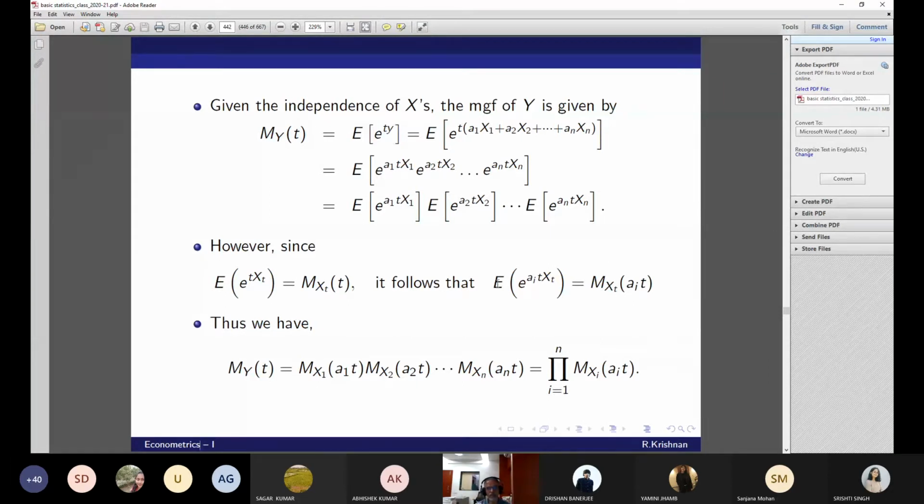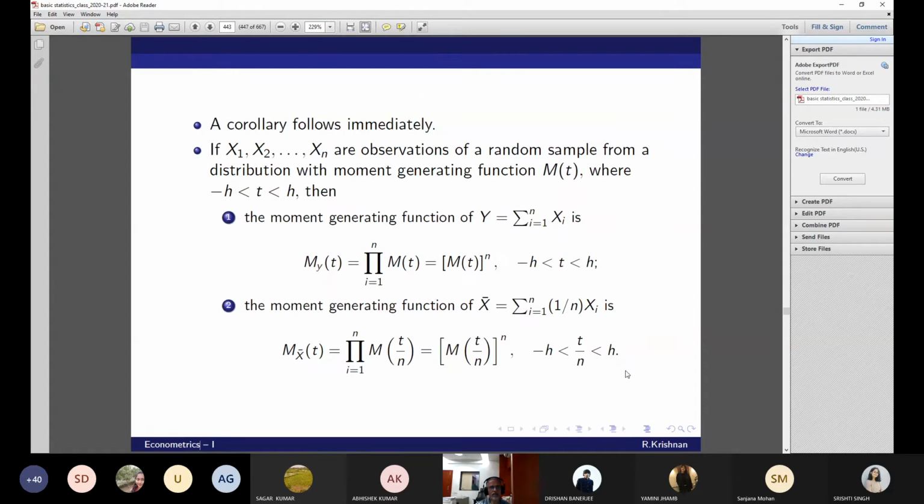So any individual expected moment is mx, this. So thus we have the product. The corollary follows immediately if x1, x2 are observations of a random sample from a distribution with moment generating function m(t). The moment generating function of y is this.